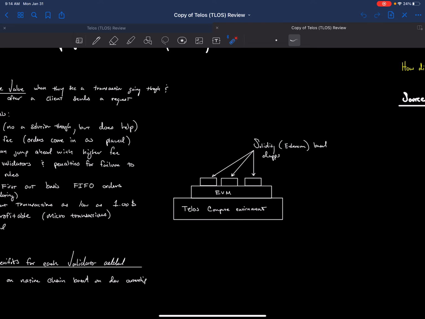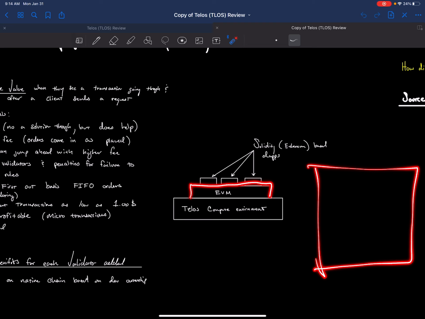The Ethereum virtual machine is the same thing. So you've got this Telos compute environment. Telos, as a generalized computer, can run C++ applications, etc. So it has all the capabilities that Telos has as a general computer. But it has inside of it, just like Windows could run Mac OS and Mac OS could run Windows, Telos running Ethereum as a virtual machine, which means anyone who can program on Ethereum can program on Telos, and any application that runs on Ethereum can run on Telos.